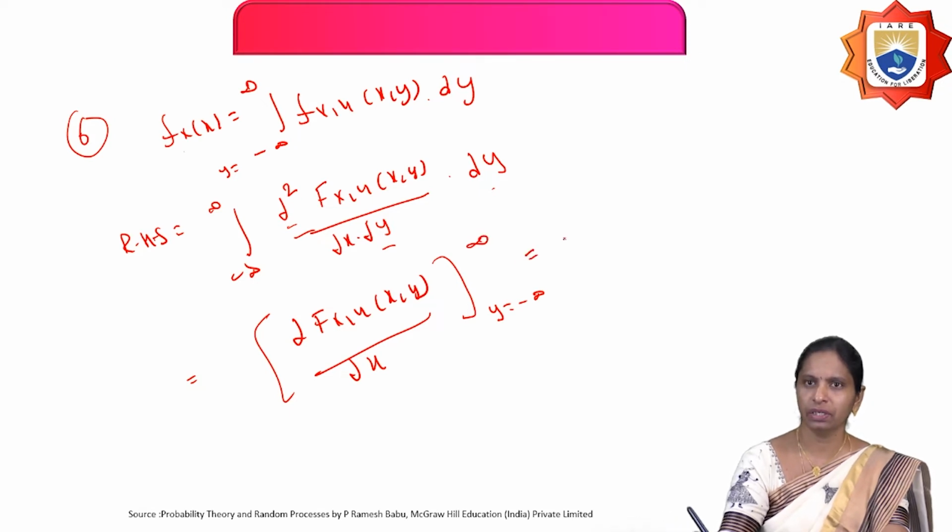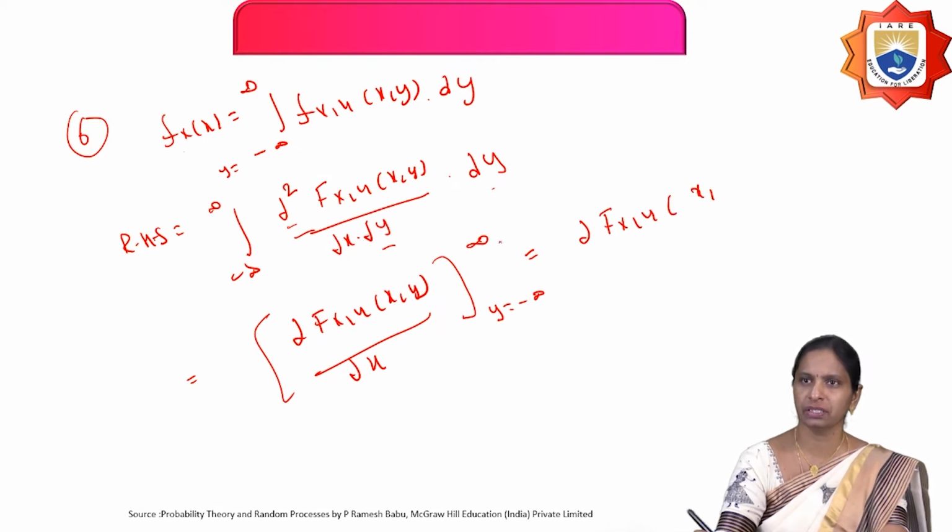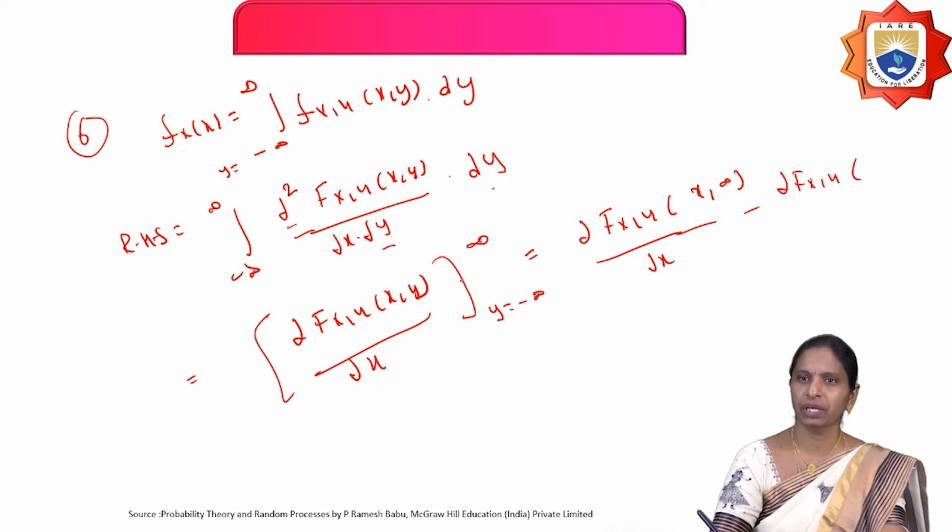So that equals what here? Dou fxy of x comma, what is here? The upper limit is infinity. In place of which variable? Y, because the integration is with respect to y. Therefore, x comma infinity by dou x, minus dou fxy of x comma, what is the lower limit of y? Minus infinity, by dou x.